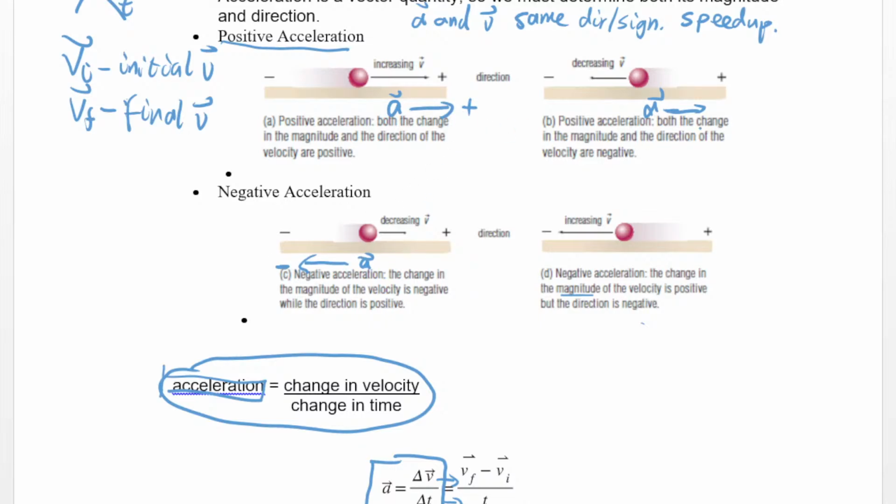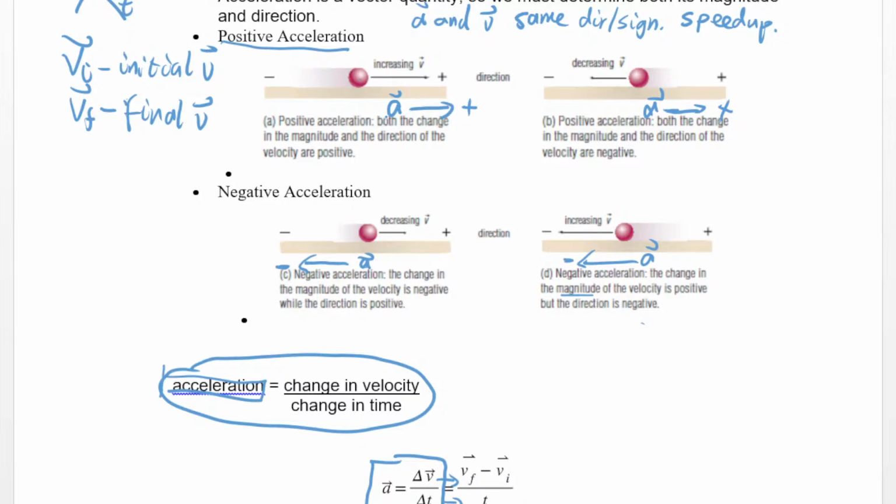In the case where the object's moving to the right and acceleration is also to the right, both in the same direction, your velocity will get bigger and bigger. Ignore the words on here. I lied, the vector symbol should not be there.